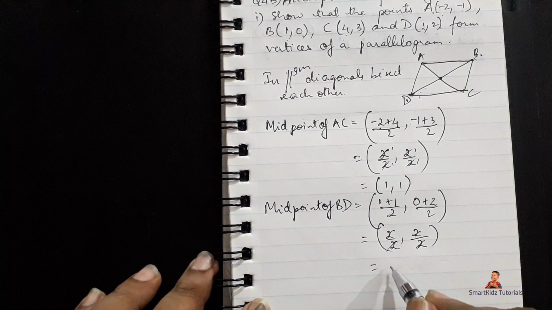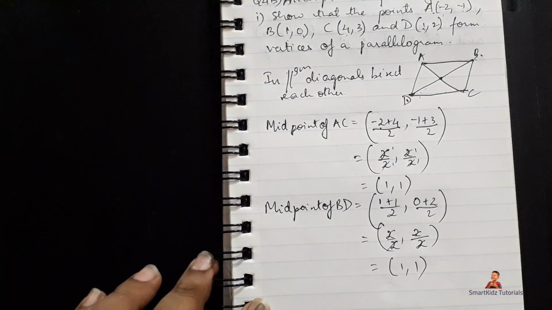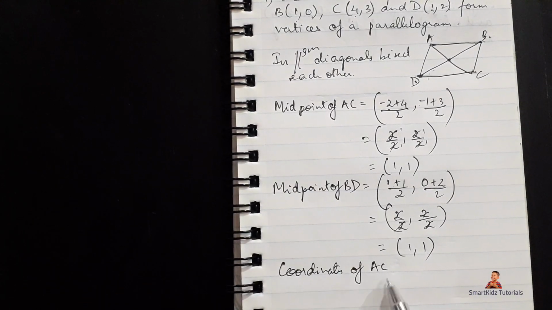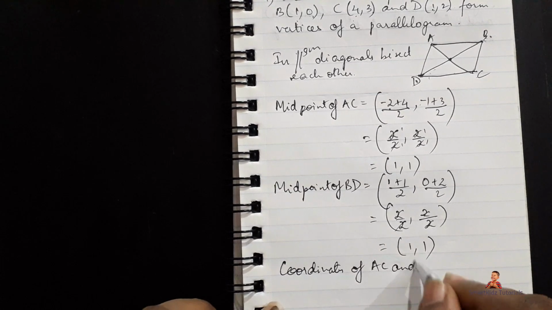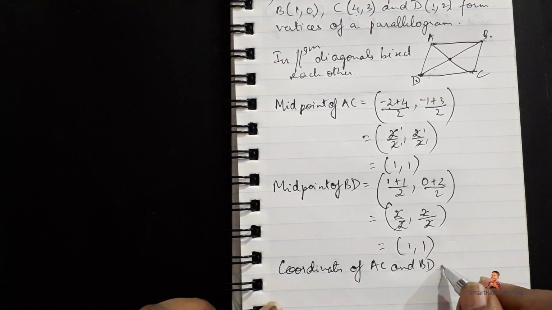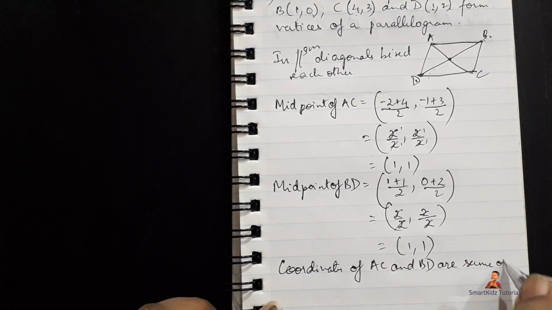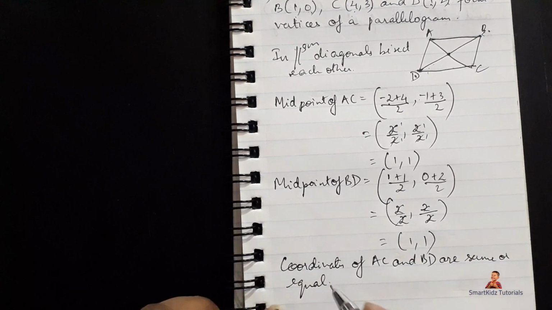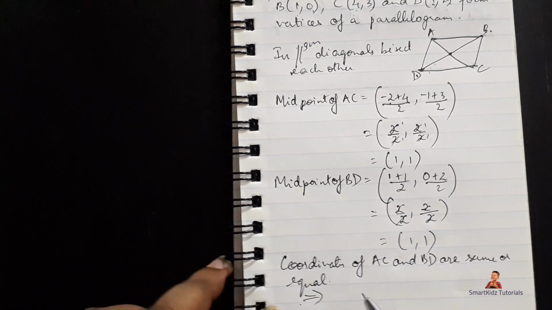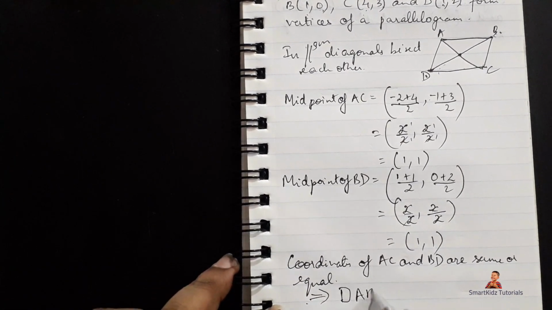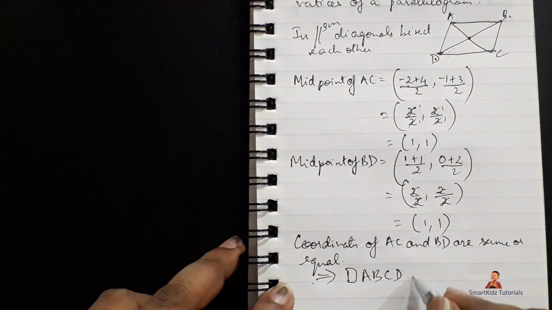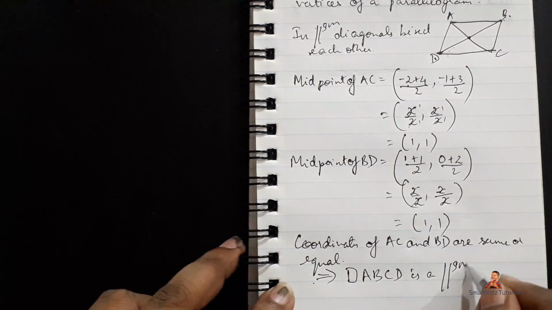It cancels and we get the coordinates as 1 comma 1. So we can conclude that the midpoints of AC and BD are the same, and therefore this implies that quadrilateral ABCD is a parallelogram.